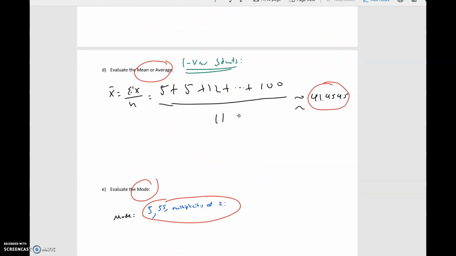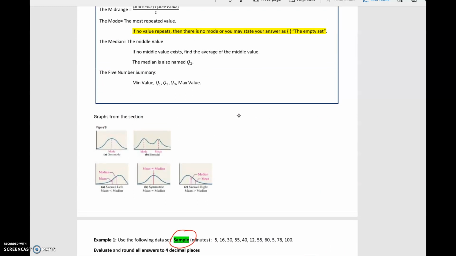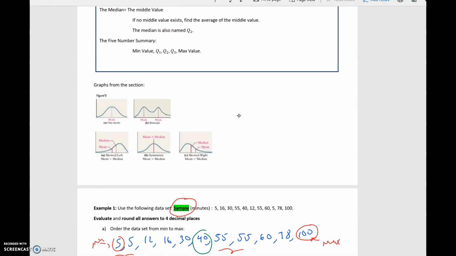To determine the distribution, another way that you could look is at any of these three scenarios, to see which situation you're in. In this case, the mean is greater than the median, so it's going to be skewed to the right.